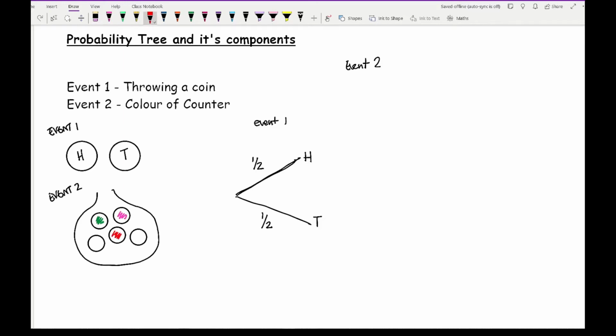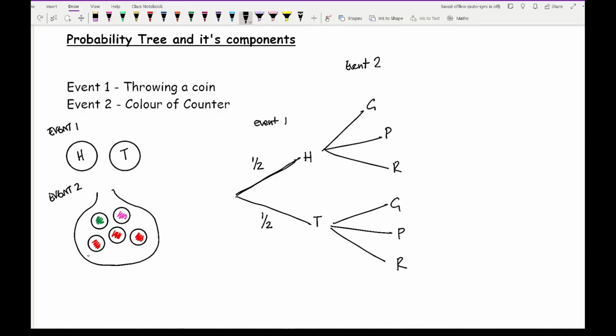So from event 2, I've now got 3 possible outcomes, so I would actually have 3 branches coming off it: green, pink, and red, and green, pink, and red.